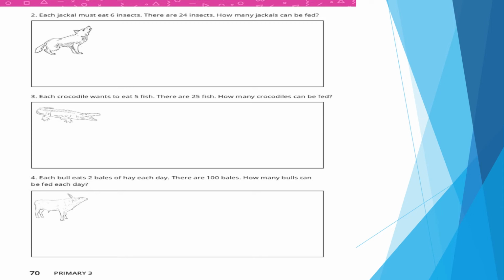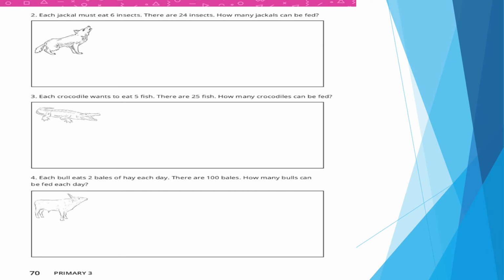Now let's move to the next page. Each jackal must eat 6 insects. There are 24 insects, so the total number is 24. How many jackals can be fed?